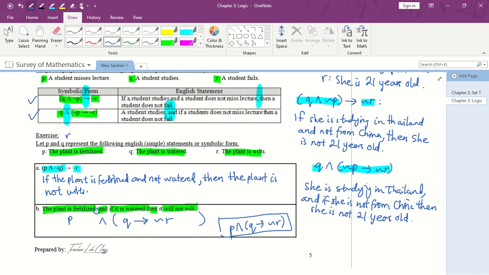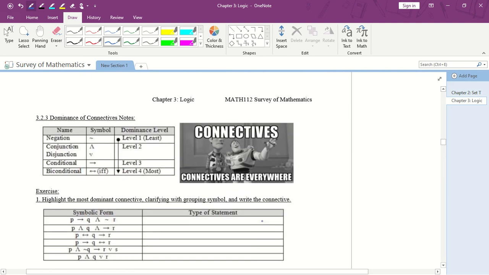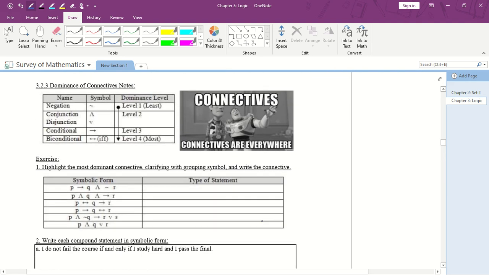So it's easy, right? Just need to be aware of what we are writing here. Okay, so let's go to the last part and we will stop this video. 3.2.3 Dominance of connectives nodes. And of course, in set theory, we also talk about that there is a sequence of operations.